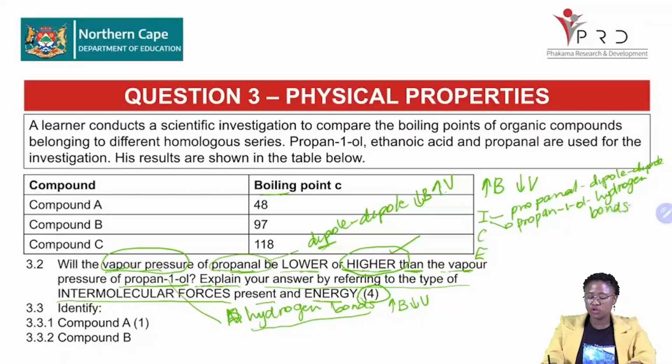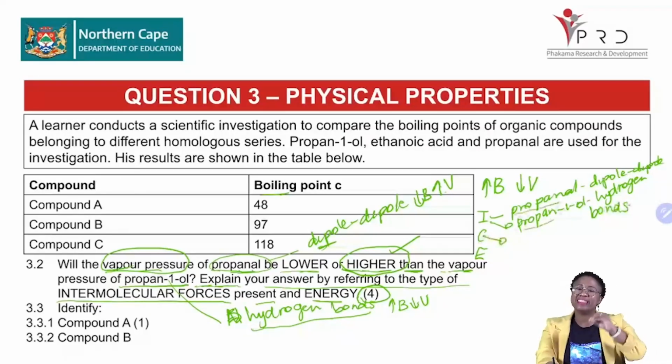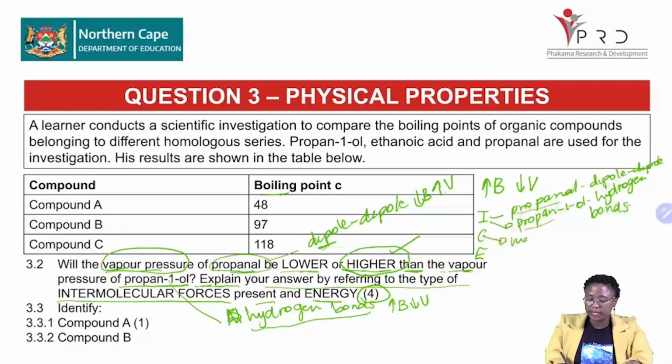Now, what do I know about the two? Now I go to compare. What am I comparing? I'm not comparing the compounds, but I'm comparing their intermolecular forces. So what are we going to say? We're going to say weak dipole forces than hydrogen bonds.